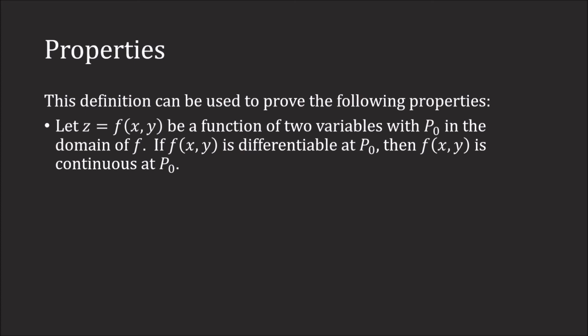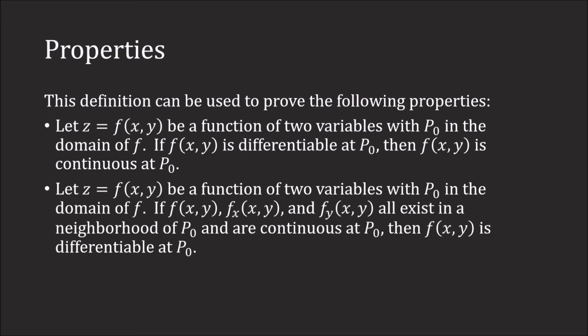Let z equal f of x, y be a function of 2 variables with p naught in the domain of f. If f of x, y, f sub x of x, y, and f sub y of x, y all exist in the neighborhood of p naught and are continuous at p naught, then f of x, y is differentiable at p naught. So this is a way to test for differentiability that does not require that long process we went through in the previous example.